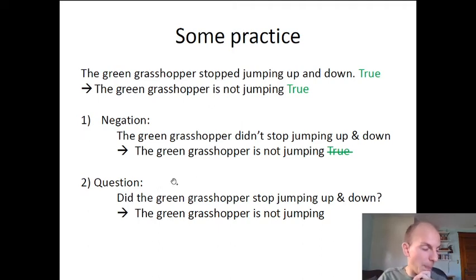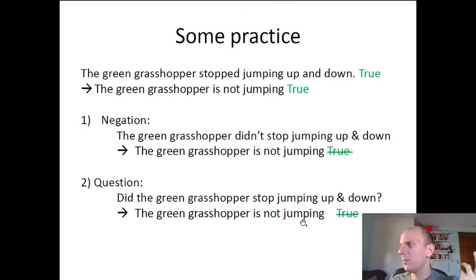When we asked a question, now we have a question, right? We took the green grasshopper stopped jumping up and down, this A. Now we're making A double prime, in which we turn it into a question: Did the green grasshopper stop jumping up and down? Just using this A double prime information, do we know that the green grasshopper is not jumping?